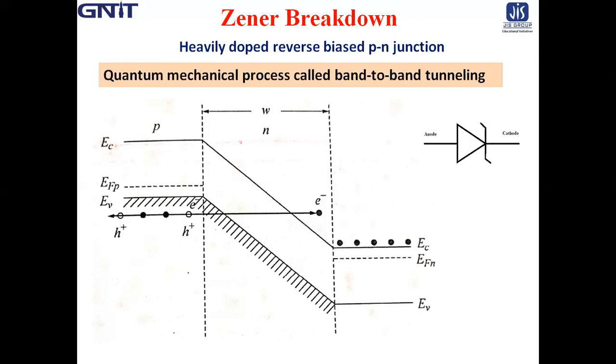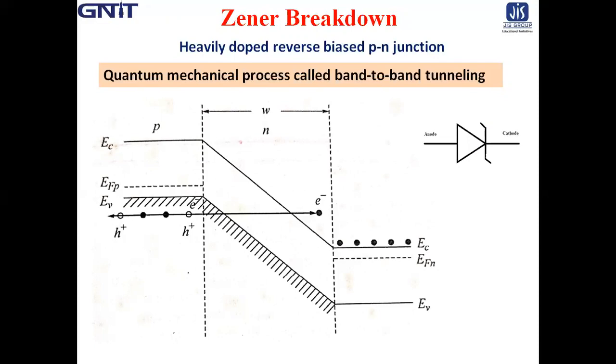With the increase of reverse bias, the slope of the energy band in the depletion or space charge region will be steeper, and consequently barrier width will be narrower and tunneling current will increase.